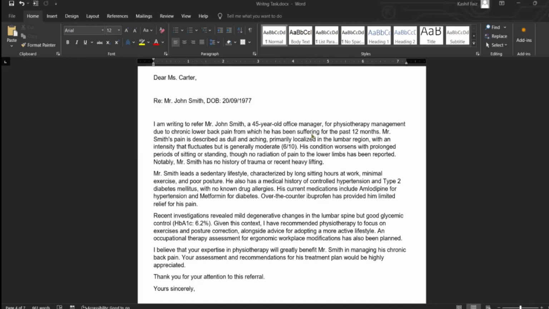Yes, but we have mentioned that his current medications include amlodipine for hypertension and metformin, and that he has a medical history of controlled hypertension and type 2 diabetes mellitus. But why did we mention this specific value, 6.2? Why did we mention that he has good glycemic control? Because he is maintaining his.